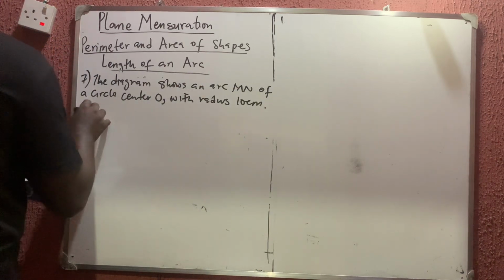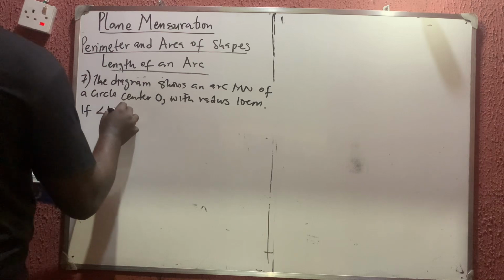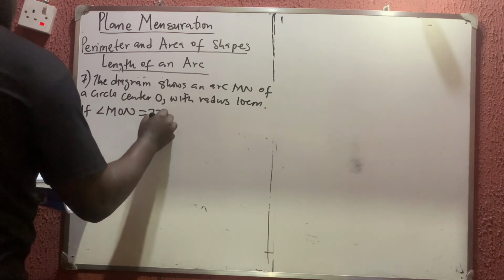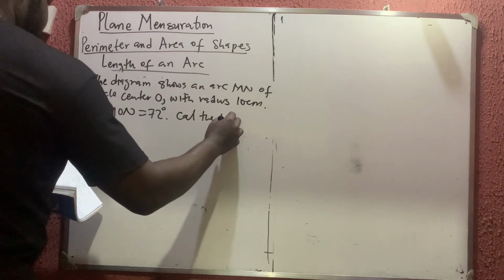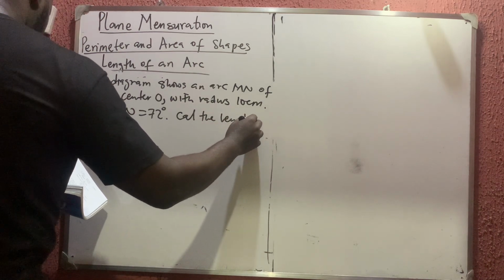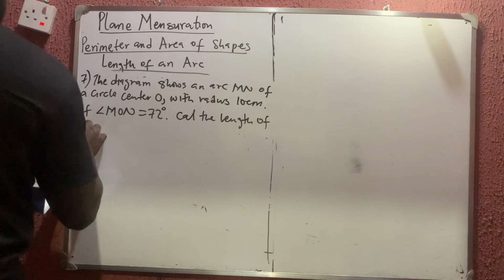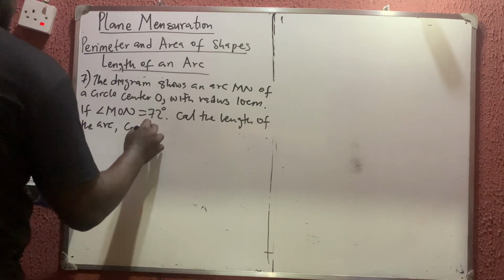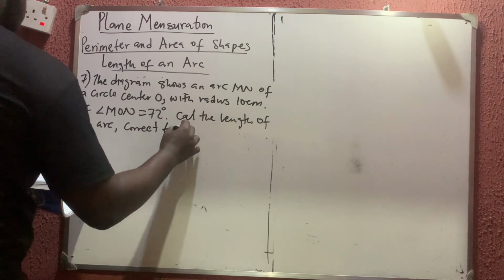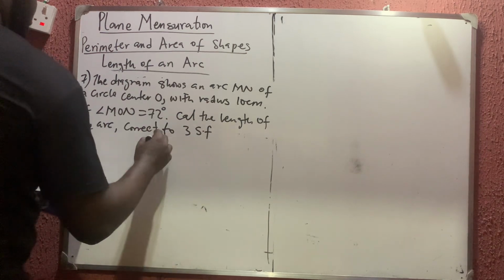If angle MON is equal to 72 degrees, we should calculate the length of the arc, correct to 3 significant figures.